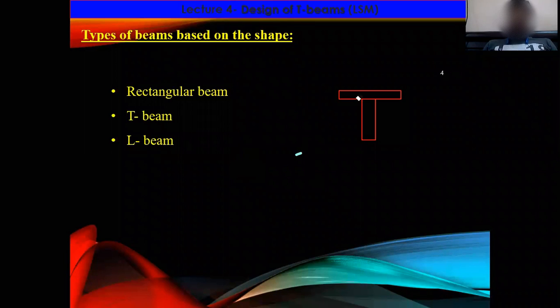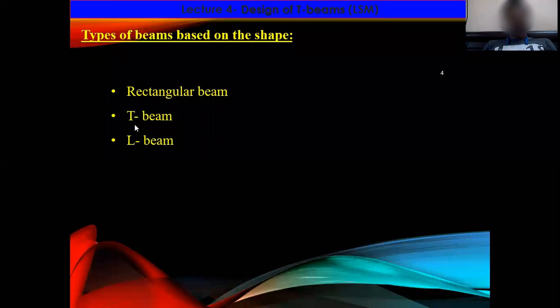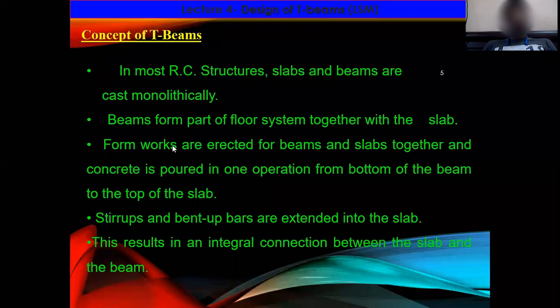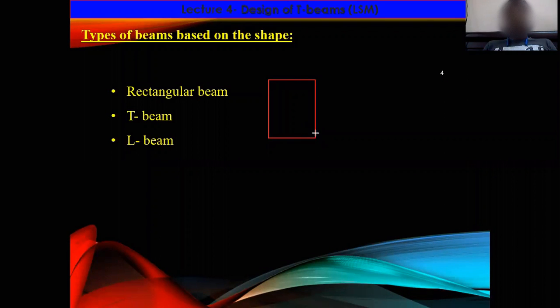Before that, why are we going to design a T beam or L beam? What are the advantages? See, while designing the singly reinforced beam in the first unit, we assumed that this is a rectangular beam, right?